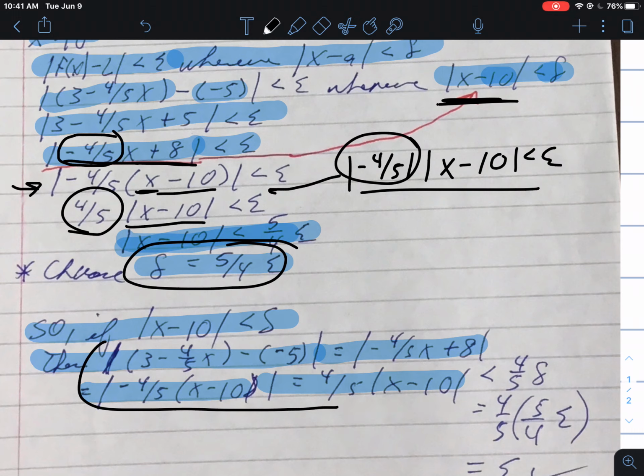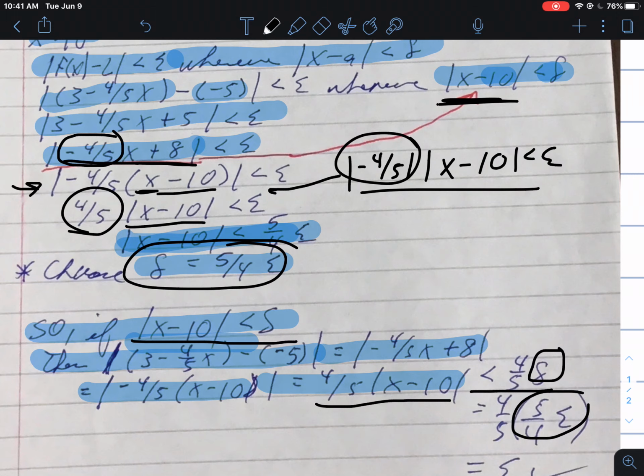So then that is equal to 4/5 times the absolute value of x minus 10. Since we said right here x minus 10 is less than delta, then 4/5 times x minus 10 would be less than 4/5 delta. And then we'll plug in our delta, which we said is 5/4 epsilon.